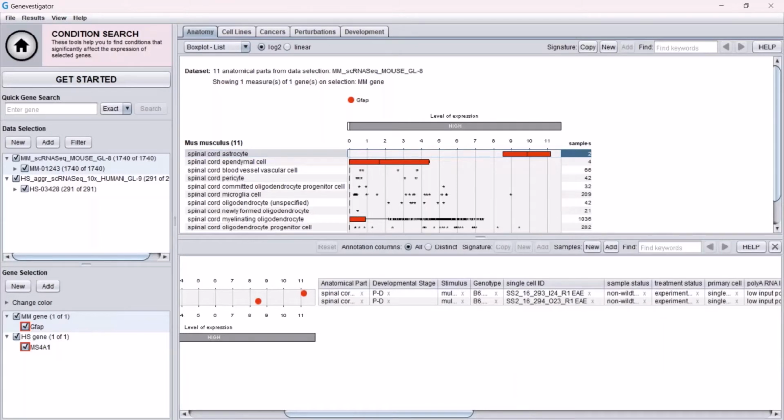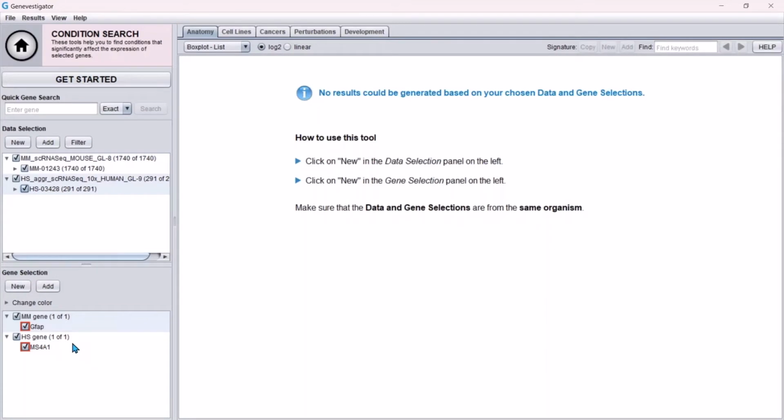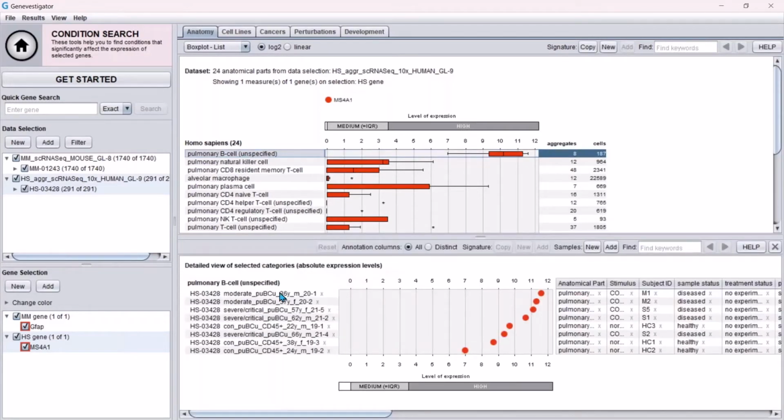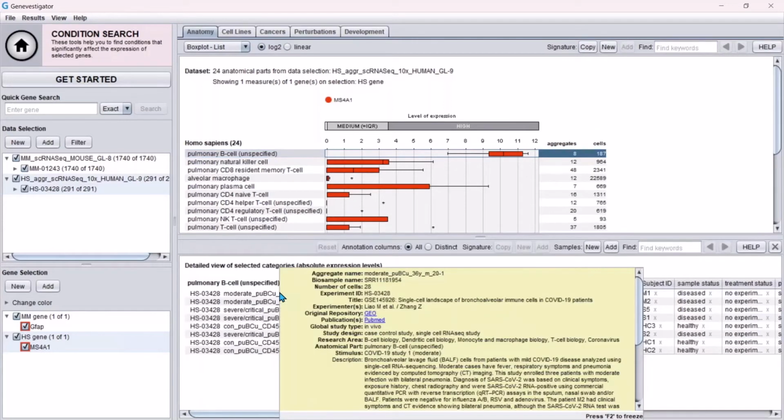Whereas for the other study on the aggregate level, using the same tool but with the right gene selection, we notice the first anatomical location to consist of 8 aggregates corresponding to 187 cells. And in the detailed view, more information on the composition of each aggregate is available under the tooltip.